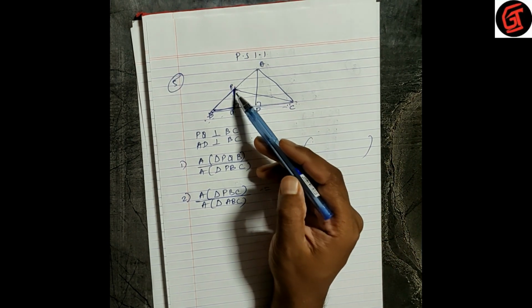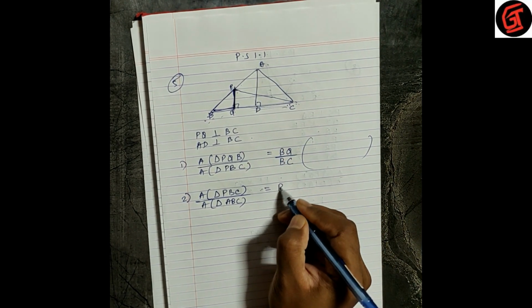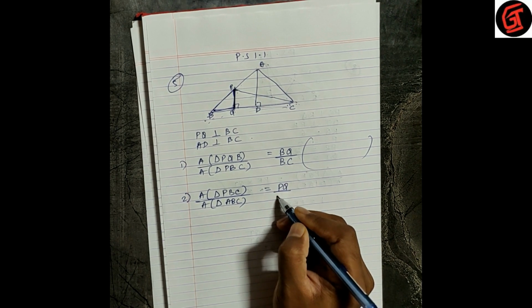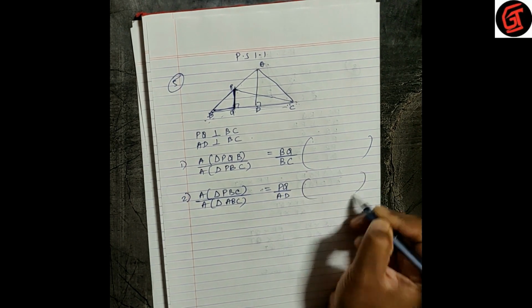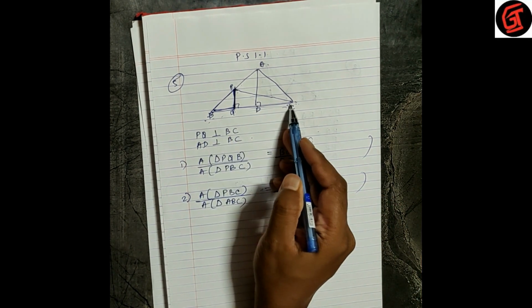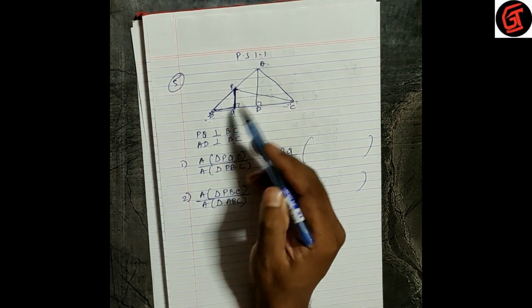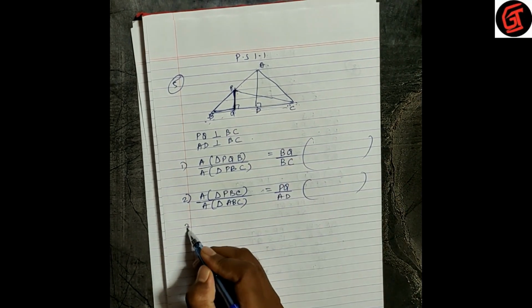Ratio of areas is equal to height upon height. PBC, what is the height? PQ, and ABC, what is the height? AD. Reason again: ratio of areas of two triangles with equal base is equal to the ratio of their corresponding heights.